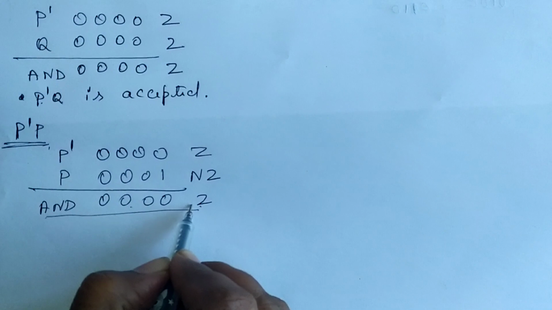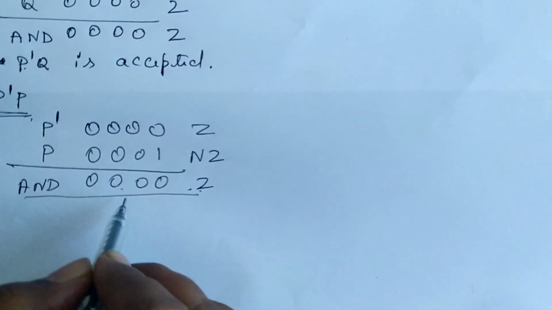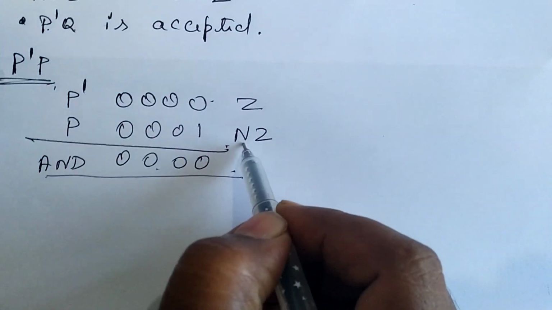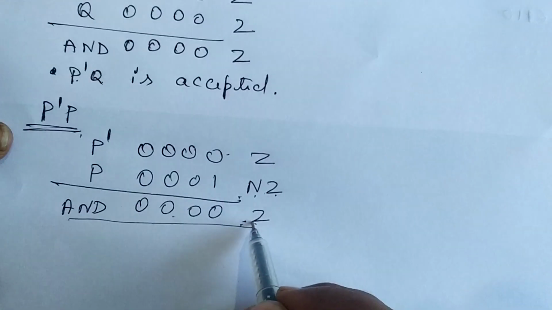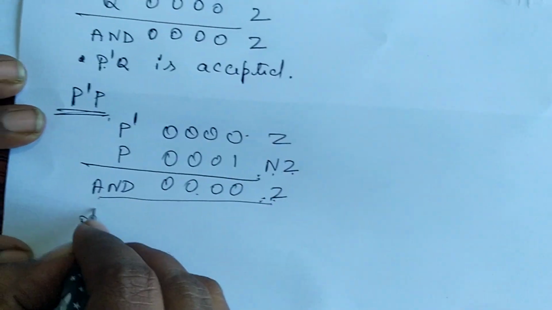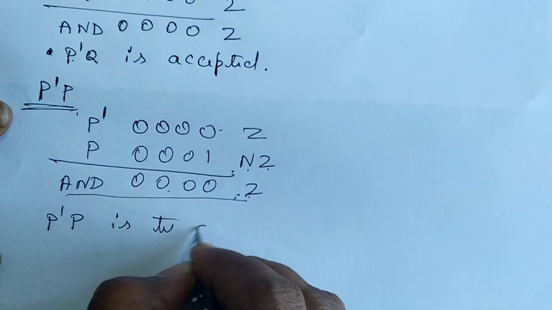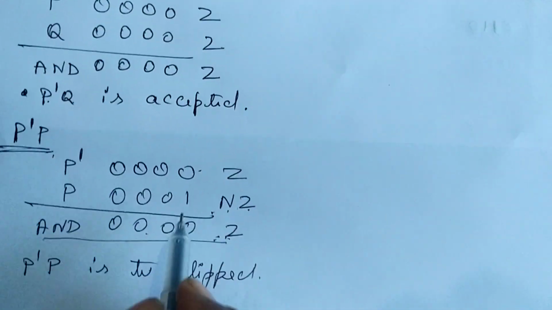That means you need to perform clipping, because among P dash and P, one of the values is non-zero, right? In that case, we need to perform clipping. So P dash P is to be clipped. Because what is happening here?